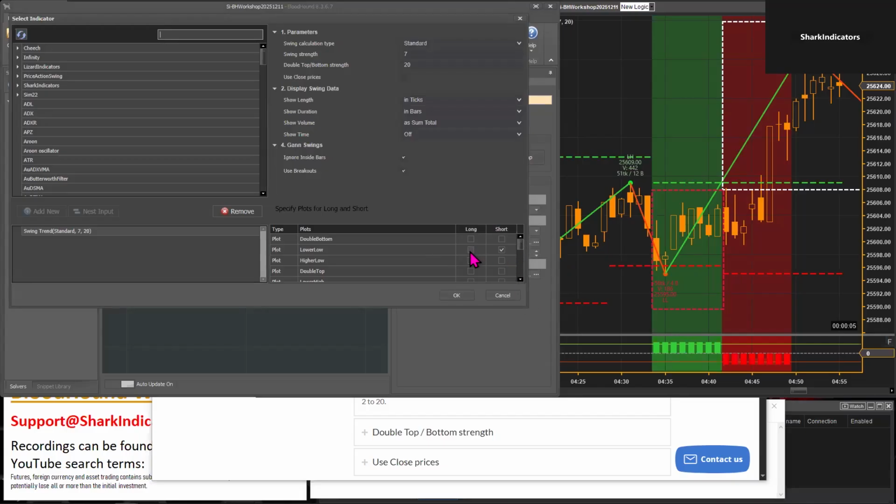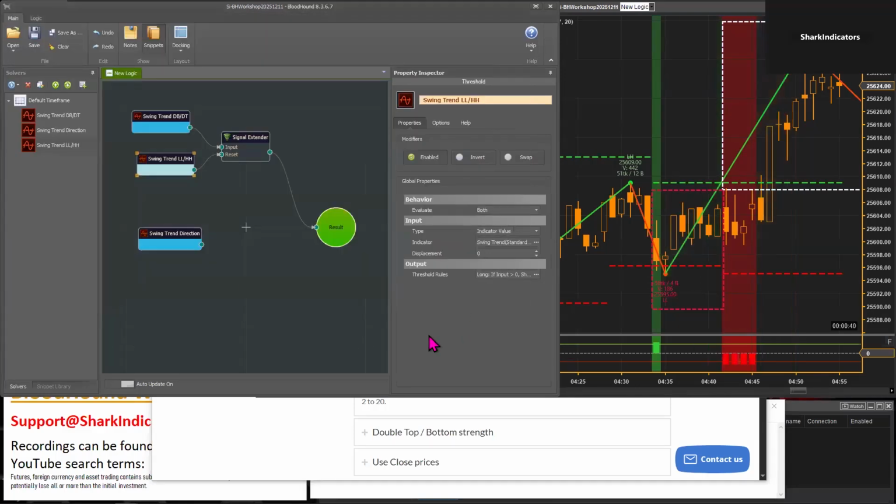Remember, I was deciding if I wanted the lower low to do a long output or not, so I'm going to put it back like that. A lower low is actually going to produce a long output, and a higher high will produce a short output. Okay, there we go. Those outputs have just been reversed.